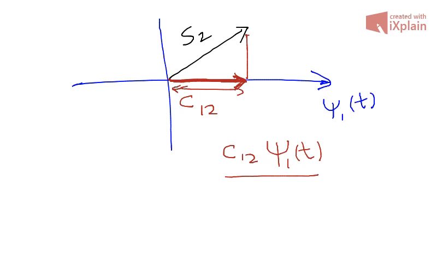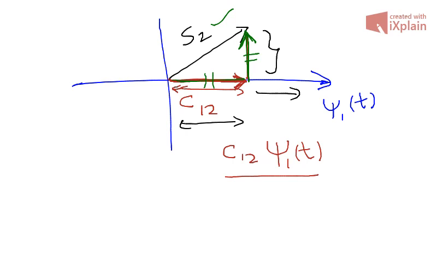What we do, we subtract this projection from S2. Then we are left with this vector only, because S2 has two rectangular components, this one and this one. We already subtracted this projection from S2, so we are left with only this one, and this is orthogonal to psi 1.